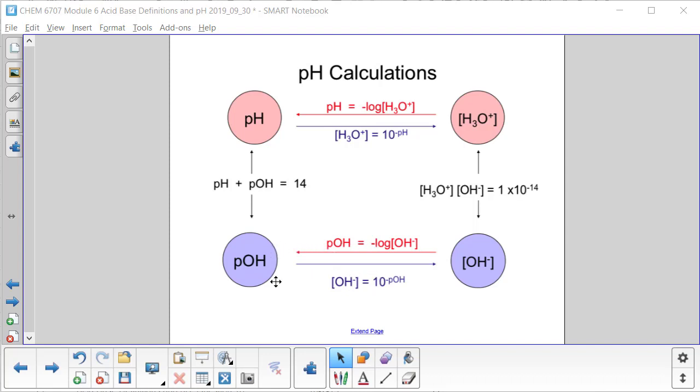Or if you know the pOH and you want to find the hydroxide ion concentration, it's 10 to the minus pOH. Now, the relationship between pH and pOH: the sum of those two must equal 14. And for the hydrogen and hydroxide ion concentrations, the product of those must equal K water, or 1 times 10 to the minus 14.